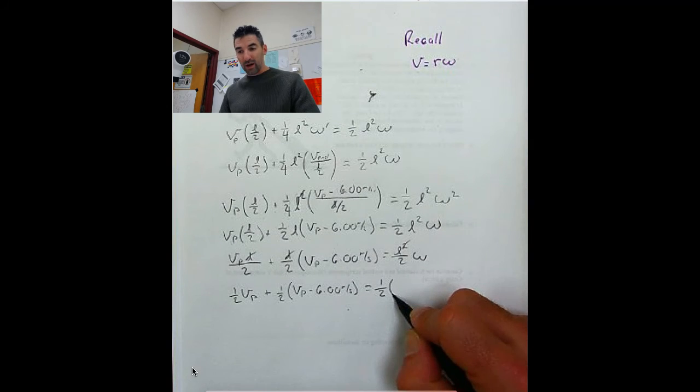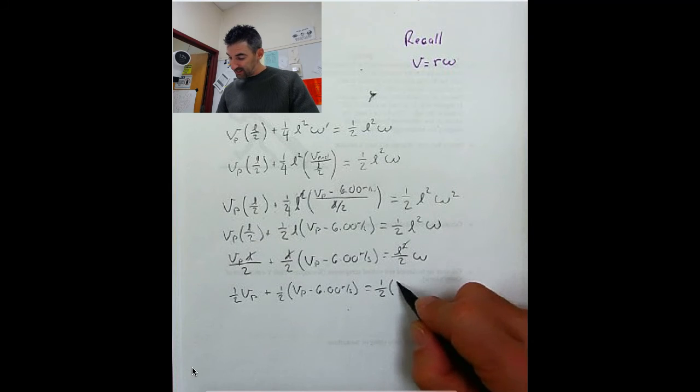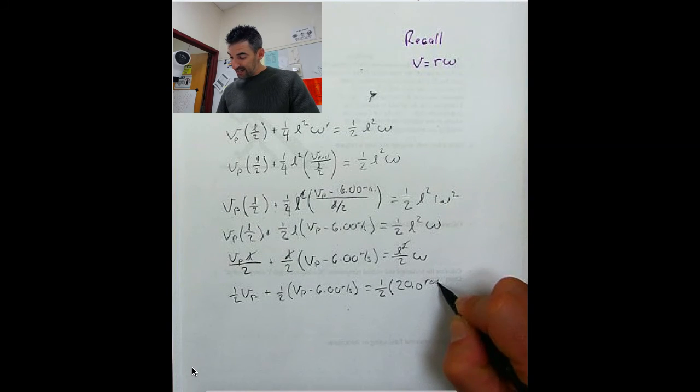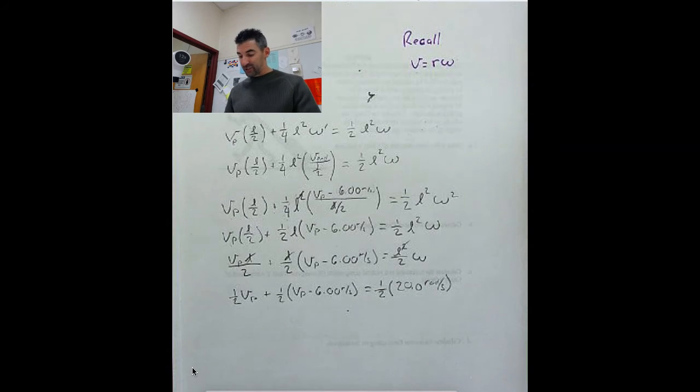Omega, which was 20.0 rads per second from my initial conditions.